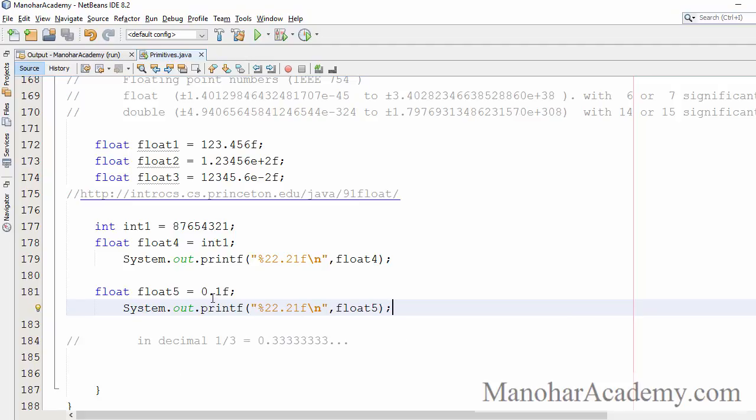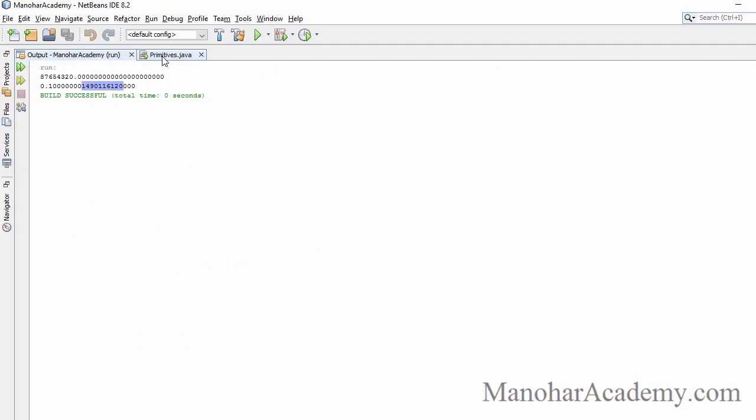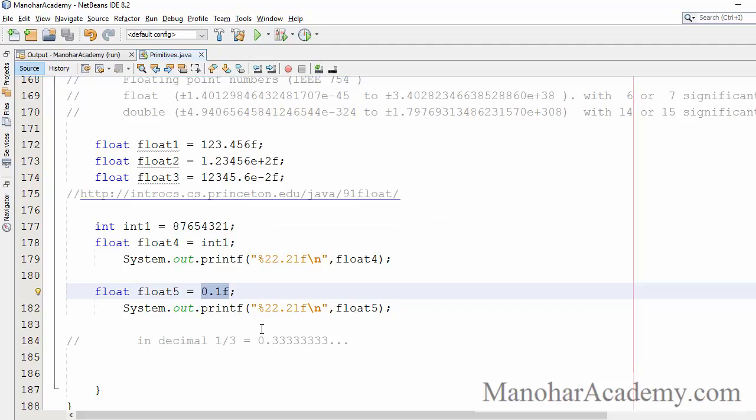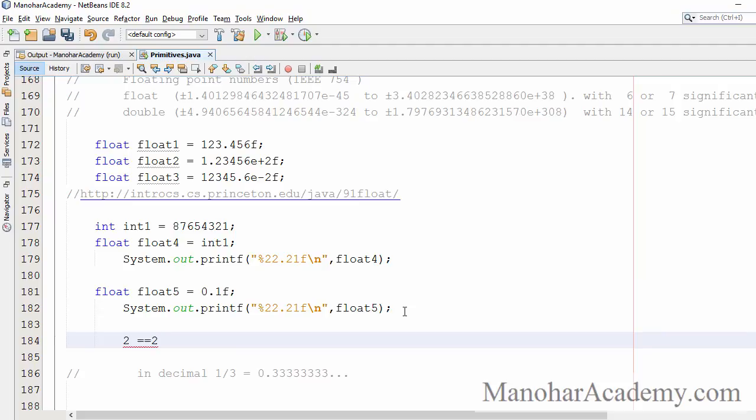But please know that 0.1 cannot be represented in floating points, and don't compare floating points whenever you want to see whether they are equal or not. For example, if you check 2 with 2, it will always be true.